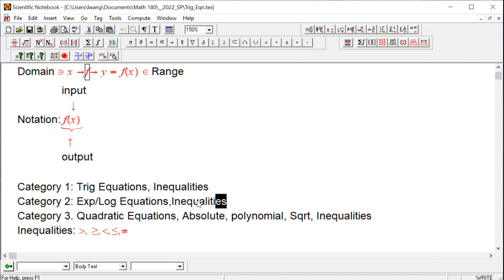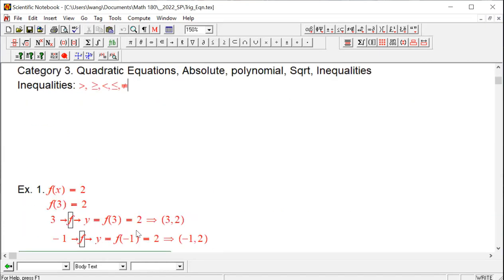The next one is inequalities, and also quadratic, absolute value, polynomial, and square root inequalities. We're going to talk about these with concentrated topics. And today we're going to talk about simple trig equations.